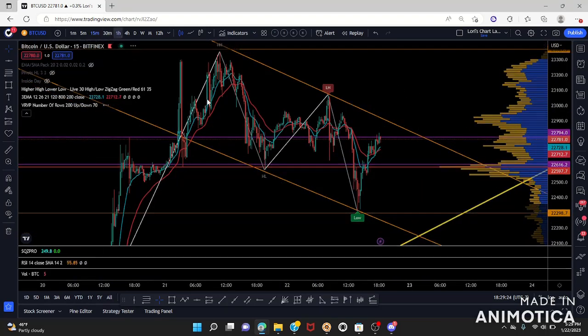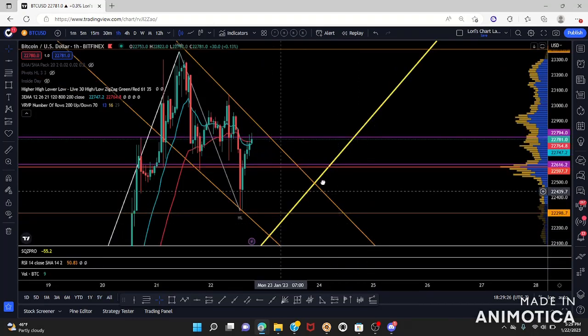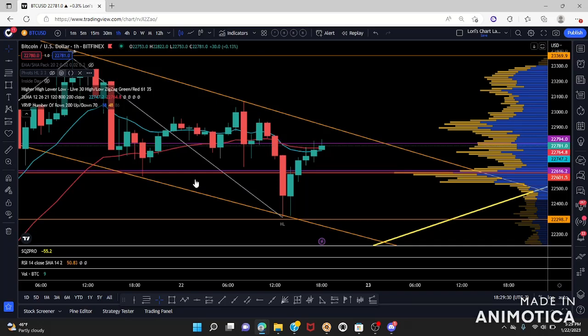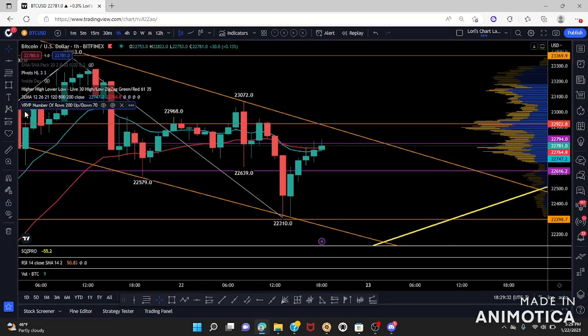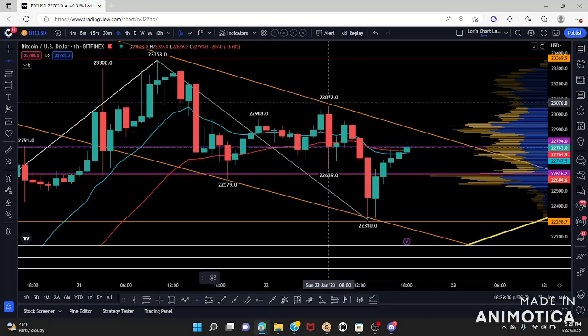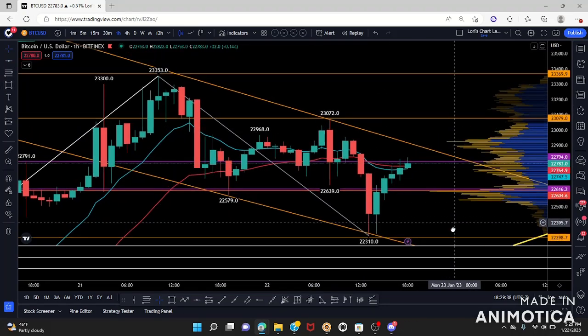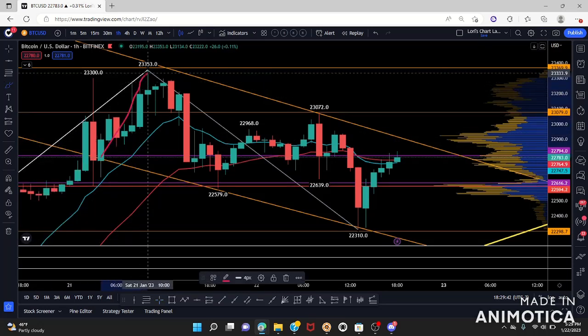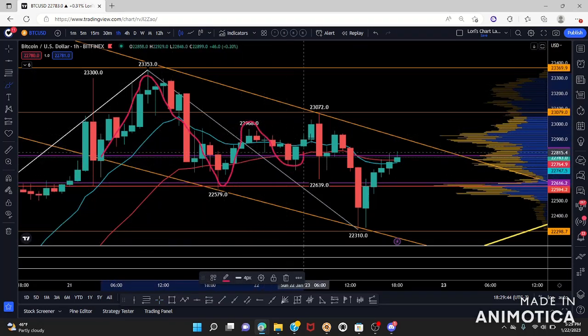I also keep an eye on my daily highs and lows, and as you can see, we have created new lower lows. This is just how the market moves. It's important to understand. It's up, down, down.